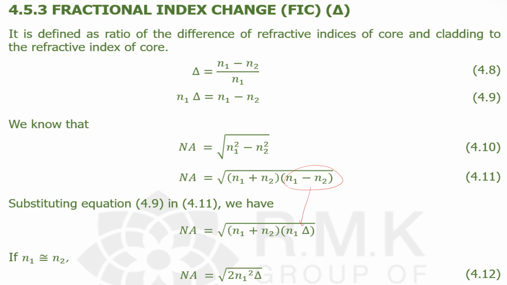Now I assume n1 to be approximately equal to n2. So what will I get? This n1 and this n2 are approximately the same, so I assume it to be simply n1 itself. So 2n1 I will get. So square root of 2n1 into n1 into delta. So I will get square root of 2 n1 square delta. So I can write this as, taking n1 outside, n1 into square root of 2 delta, that is NA. So this is the relationship between numerical aperture and the fractional index change.